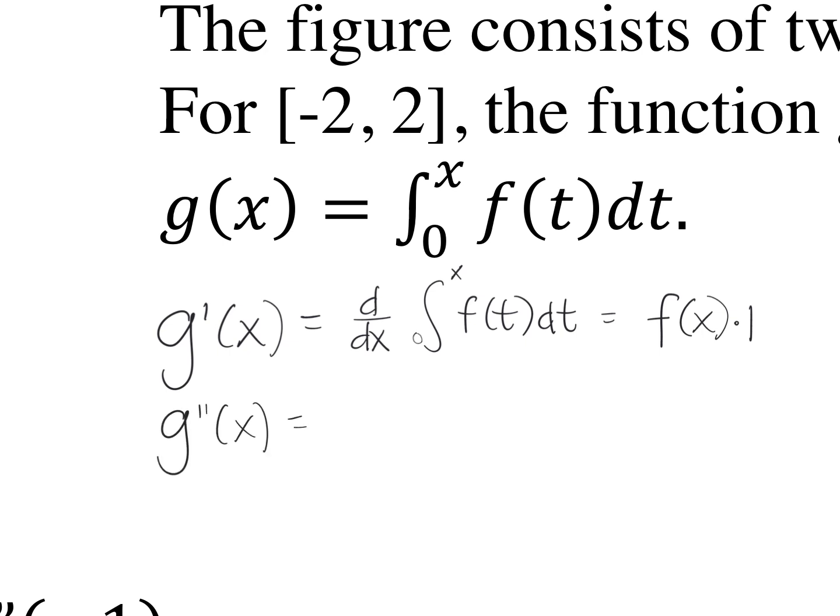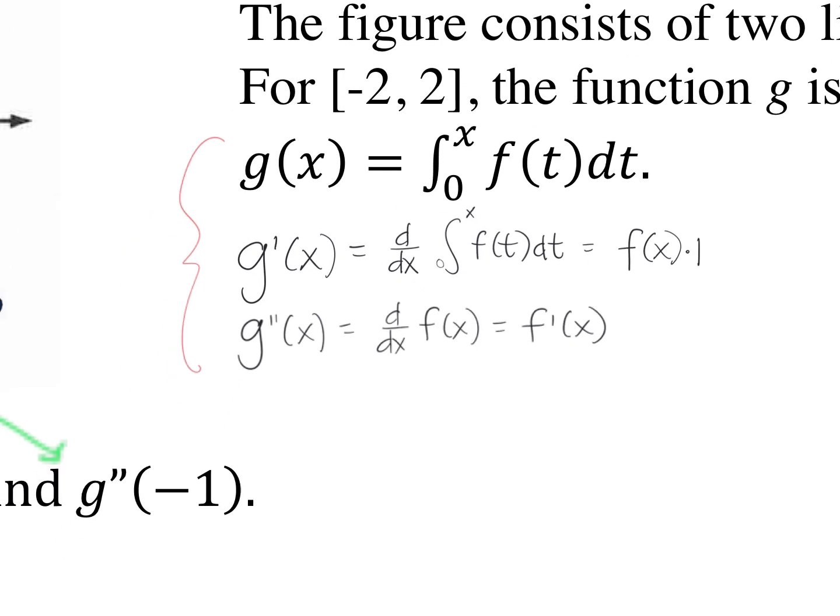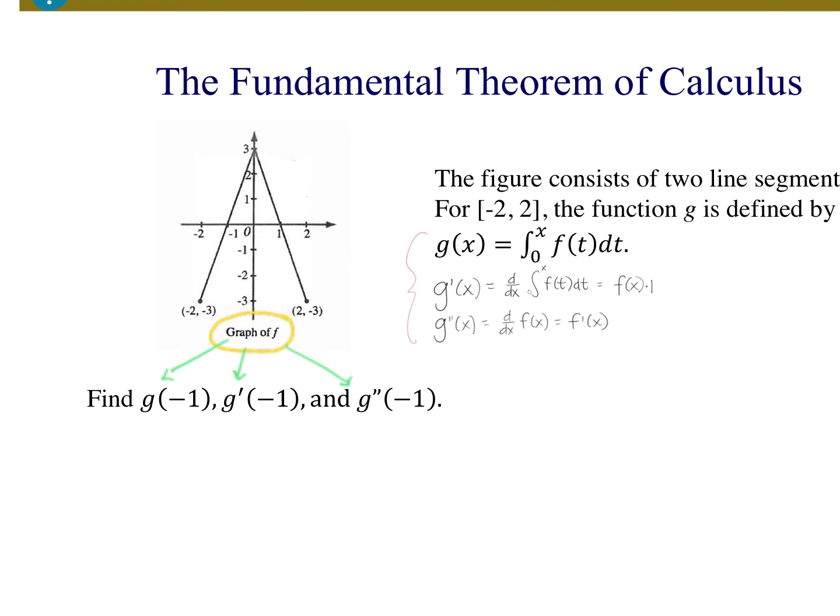So it's going to be the derivative of f of x, which is simply f single prime. So g double prime is related to f single prime. G single prime is related to regular f. And regular g is the antiderivative of f. All these relationships, that's what makes the critical thinking just really next level. Okay, so these 3 things are all part of your pre-write. Now that's going to help us actually answer the 3 questions they want us to do.